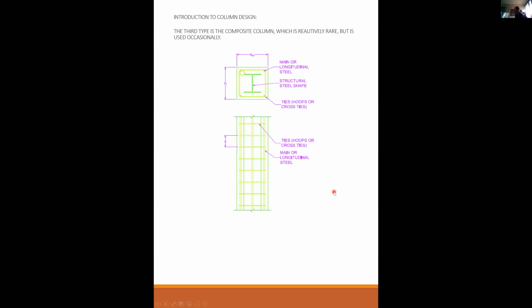The third type is called a composite column, which is relatively rare, but used occasionally. And when I say relatively rare, I've never seen one. Actually, I have seen them, but only in photographs, and because they were spotlighted in some of the seismic problems of the Kobe earthquake in 1995.